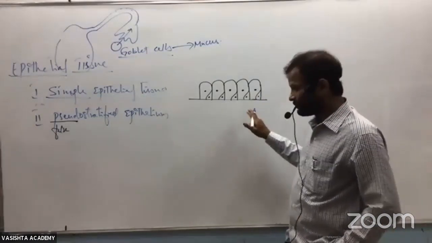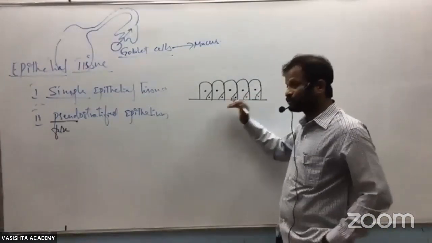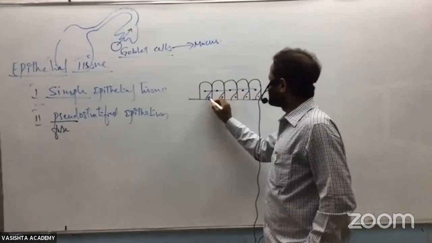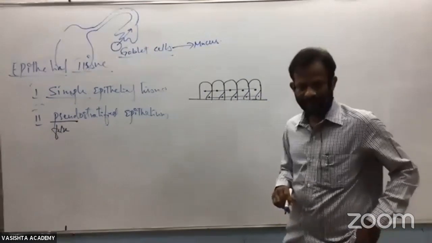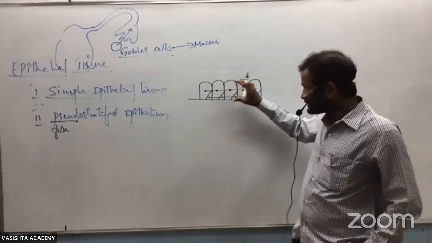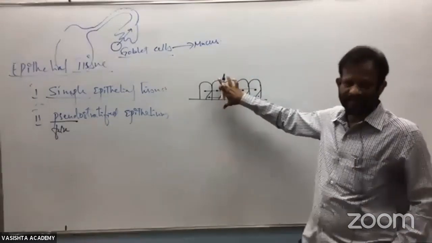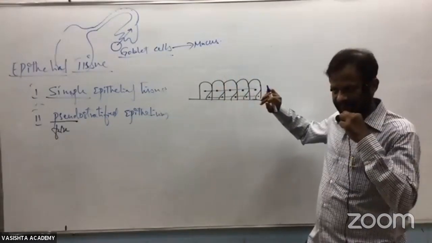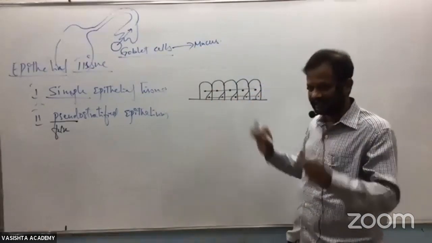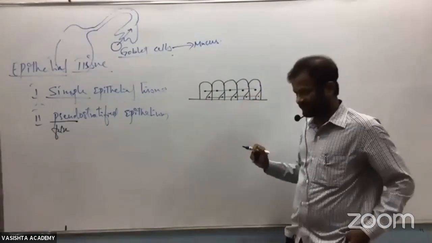That is due to the position of the nucleus in 2 levels. Here, this is one row, this is another row of nuclei. Due to the difference in the position of the nuclei, this appears like a 2-layered membrane. But in fact, all the cells are present in a single layer. How can you say that?